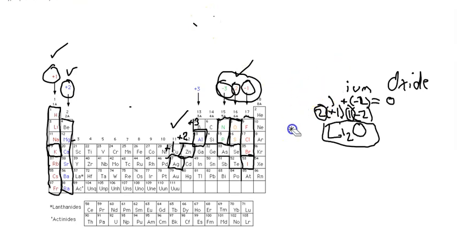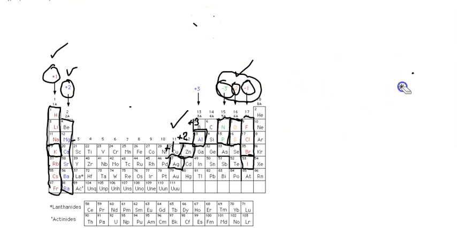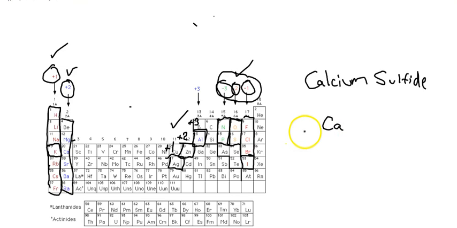In our last example, I'm going to give you a little shortcut. It's called the crisscross method. But we have calcium sulfide. Calcium is in group 2. Its abbreviation is Ca. And sulfur is in group 6, and it has a negative 2 charge.